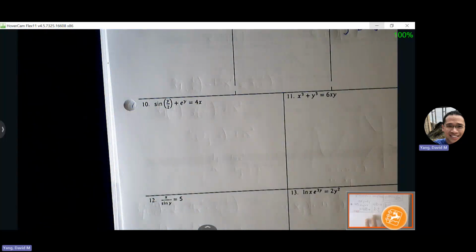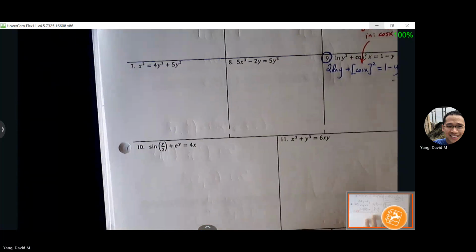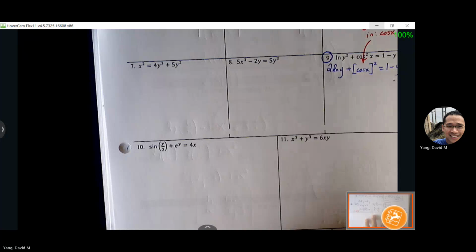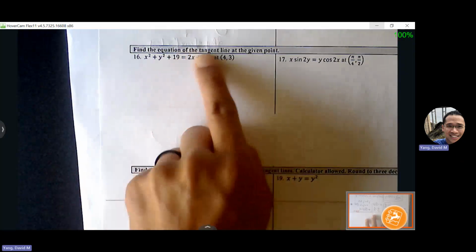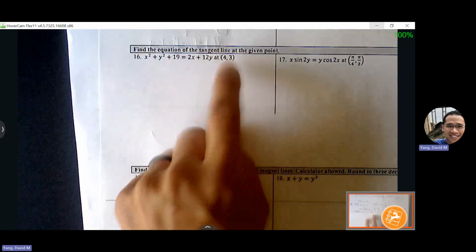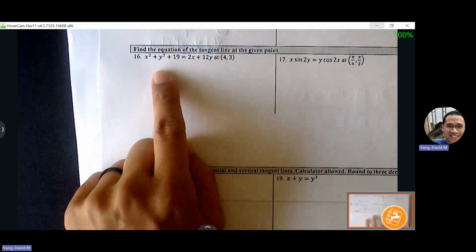Okay, so back to your packet here. Try number 16, page 14. Now we have an extra step involved here. It says find the equation of the tangent line at a given point. So walk me through what the big steps are that we have to go through here.